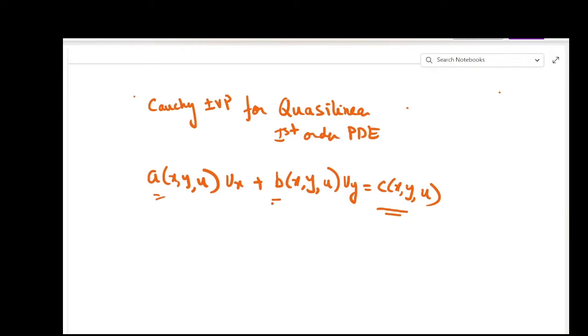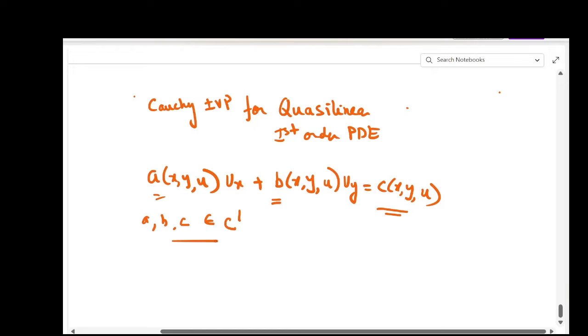Now for the analytical assumptions, I am not going into the details of it. I just assume that all these A, B, C belong to C1, that is, they themselves are continuous and their first order partial derivatives are also continuous.